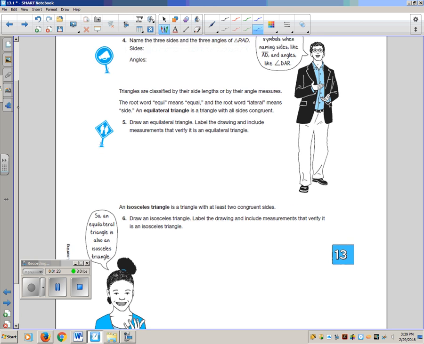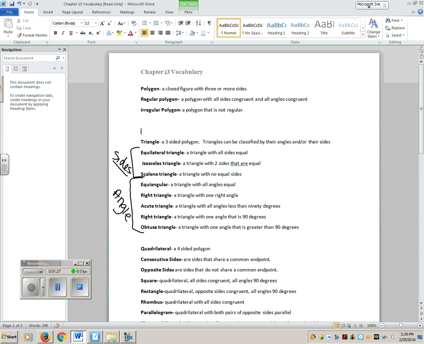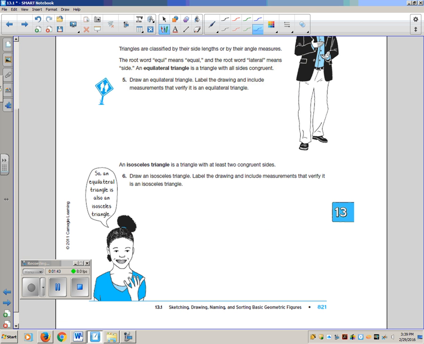There are several different kinds of triangles. Back to your note sheet. There are different ways to do it. You can classify triangles by their sides. You can also classify triangles by the angles. Number 5, on page 821, draw an equilateral triangle.